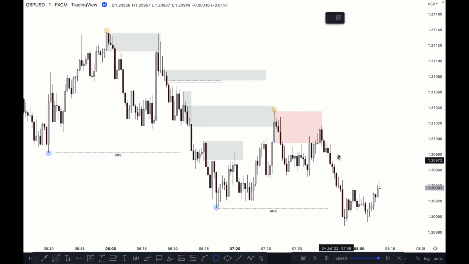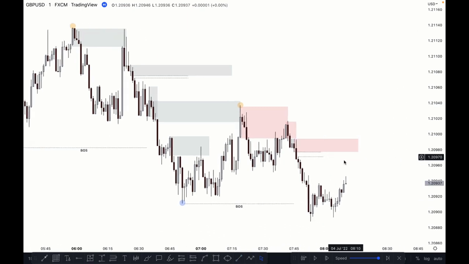The next zone is here, this candlestick, the last buying candle before the sell, which is already mitigated by this move. So this is also not valid. Where is the next candle? This candle can be your next order block, which is here, because in this candlestick you can see there is still imbalance.